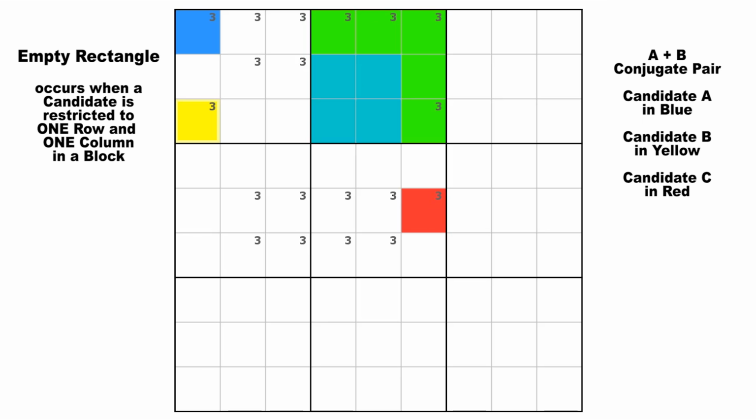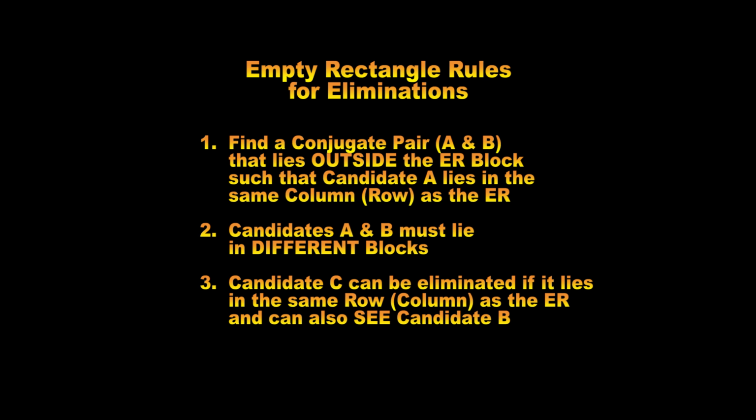All right, so now we can make this generalization. Once you see an empty rectangle pattern, then find a conjugate pair A and B that lies outside of the empty rectangle block such that candidate A lies in the same column as the empty rectangle. And candidates A and B must lie in different blocks.